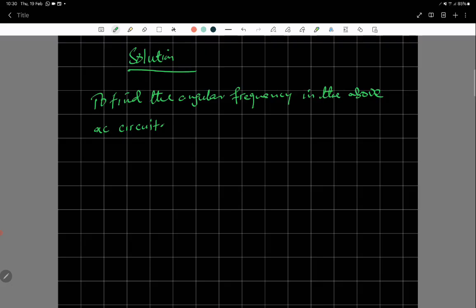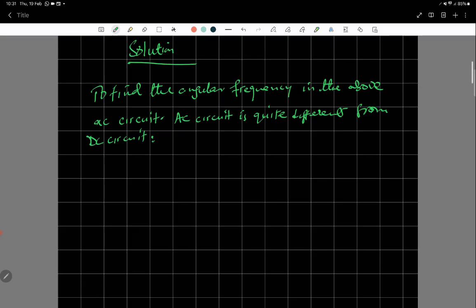The problem here is that the AC circuit is quite different from a DC circuit, for sure, because in an AC circuit we are encountering two things, that is phasor and frequency.